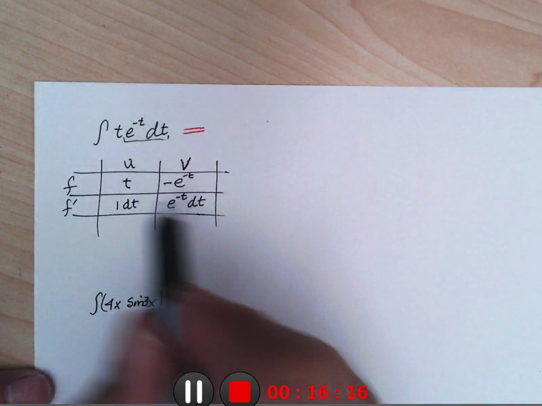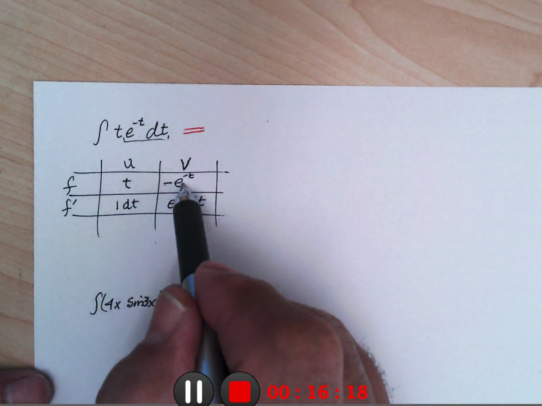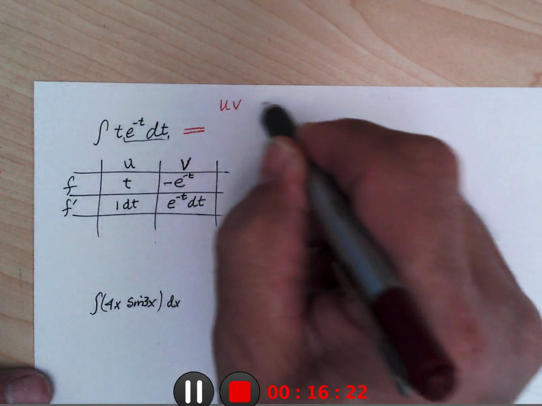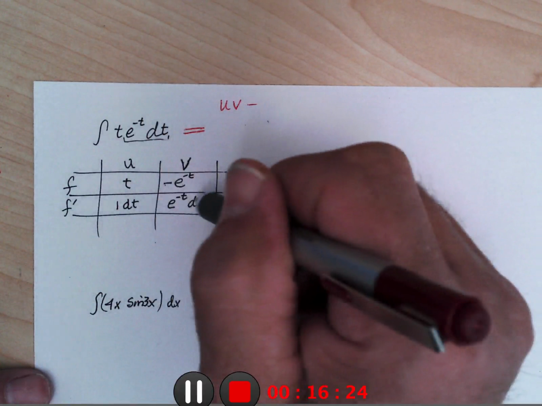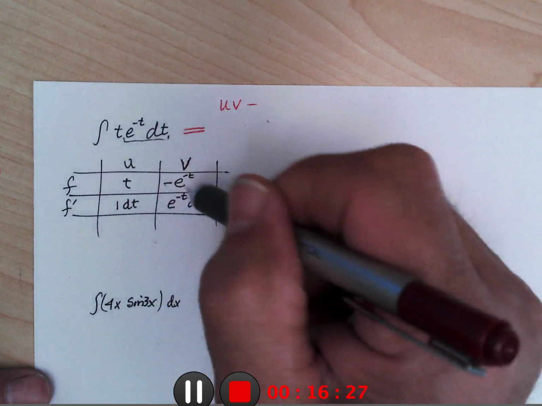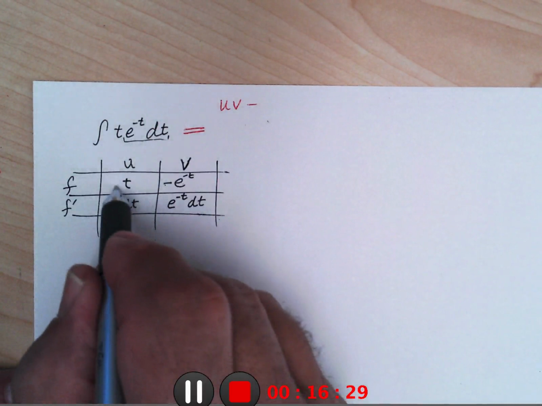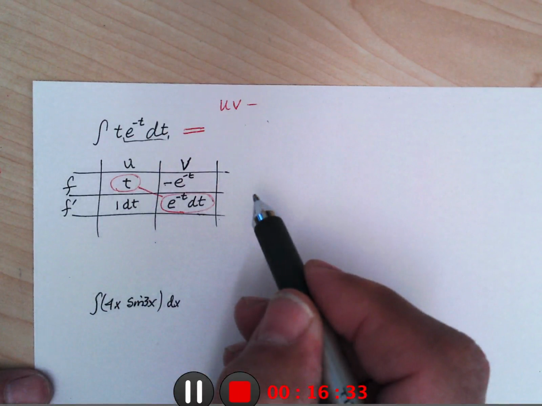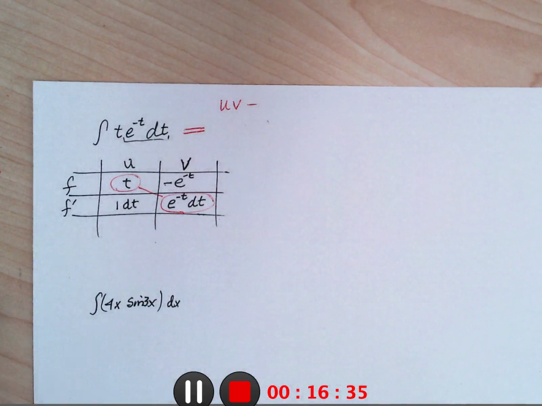This is u and v. We always start off with u times v minus, and we chose u and dv, so we have to do the opposite of those in the integral here.